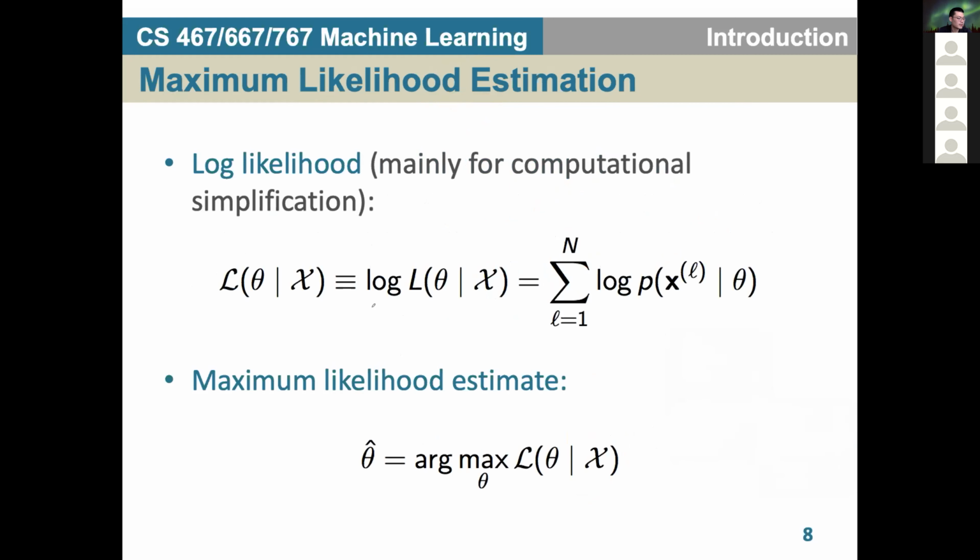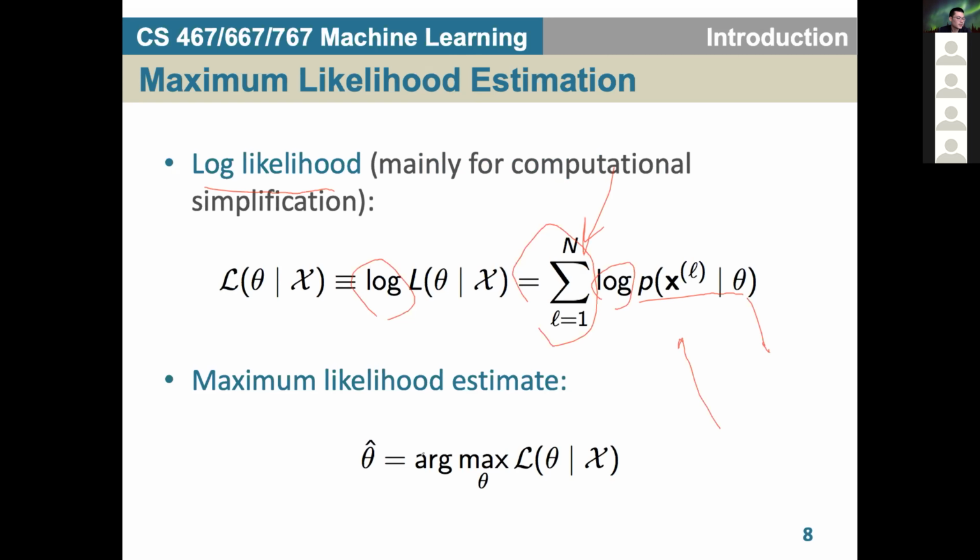After taking the log, this is called the log likelihood, and the product becomes a summation. Of course, each term you need to take the log. Based on this, we can take the derivative with respect to theta, for example. Because of the summation, basically each term you take the derivative with respect to theta and you sum them up. So this is more tractable.